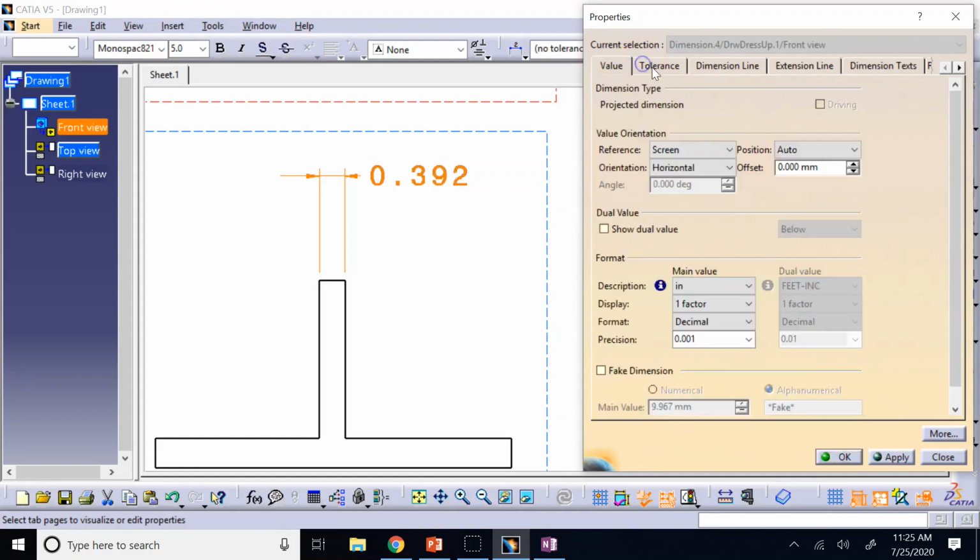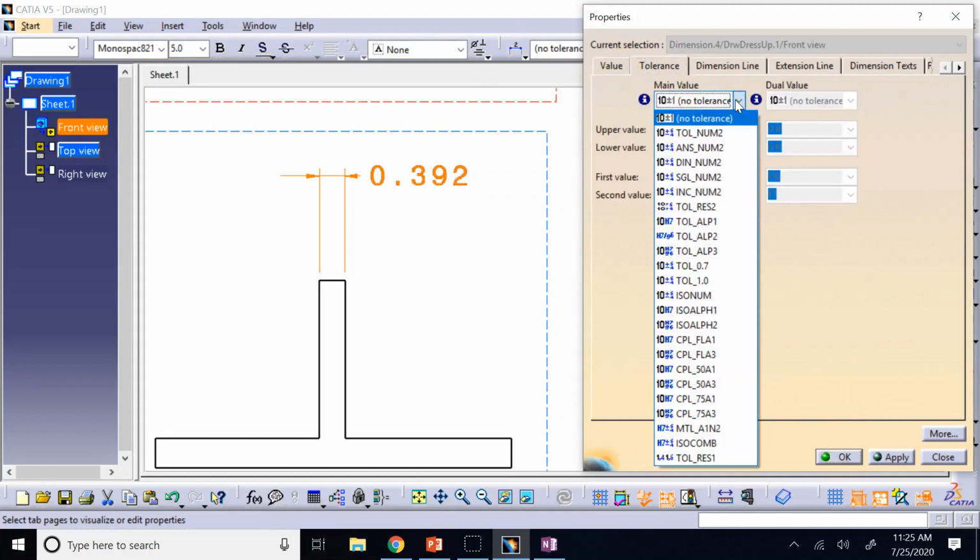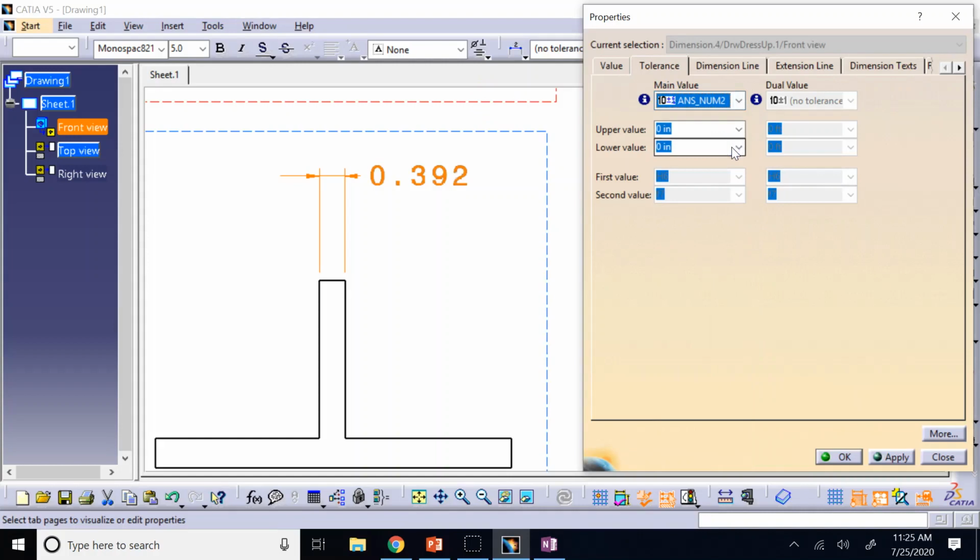Then the second tab says tolerance, and here you choose the type of tolerance. As I said, ANSNUM2 is the plus and minus form, so you can use this one if you want, and then you provide the amount of plus and minus. So let's say I want it to be plus 0.03, and then the minus to be negative 0.01.